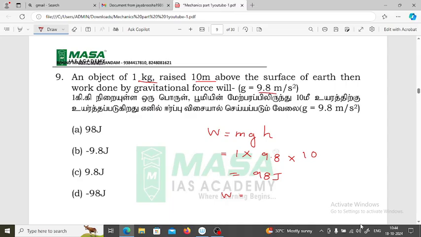The acceleration due to gravity, g is equal to minus 9.8 we have considered, and also we get minus 98 joule, because the object is raised against the gravitational force, so the work done is negative work done. Answer option D is correct. Minus 98 joule.